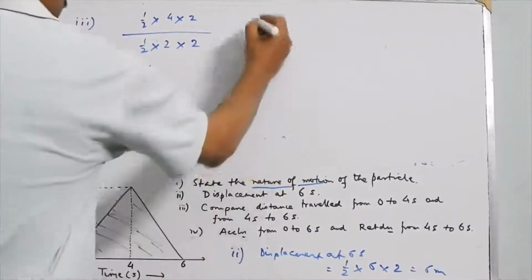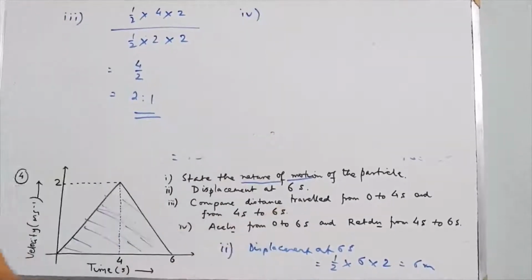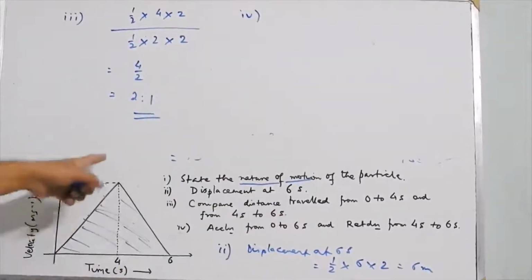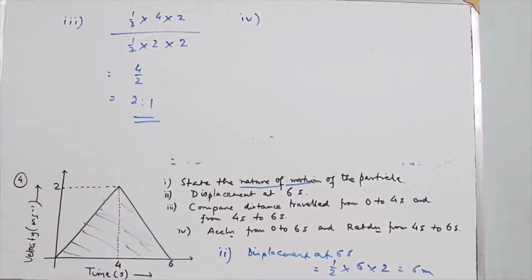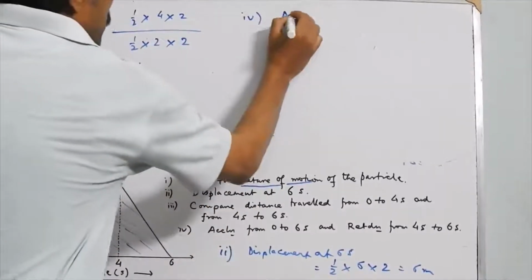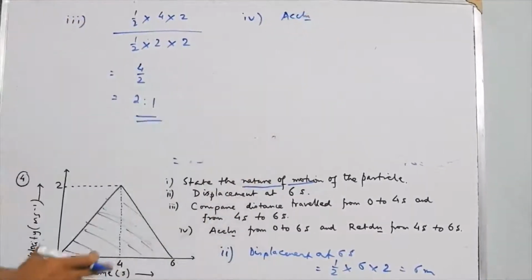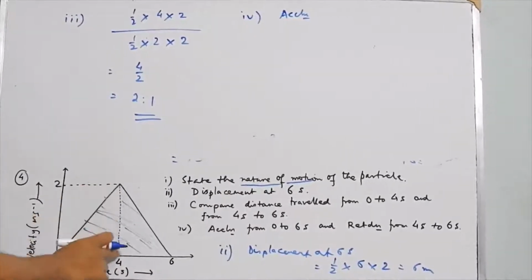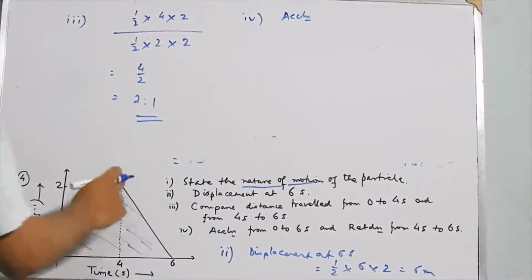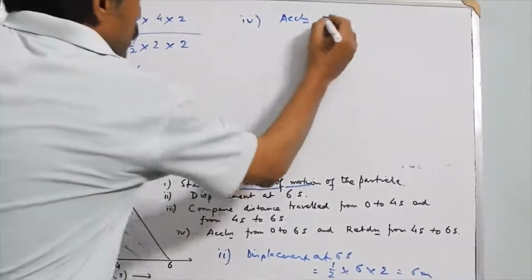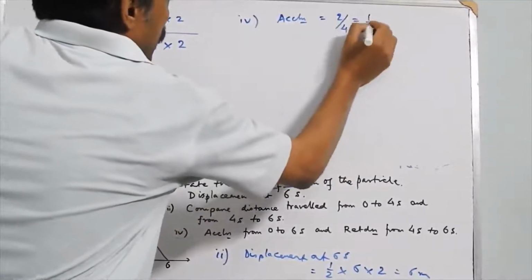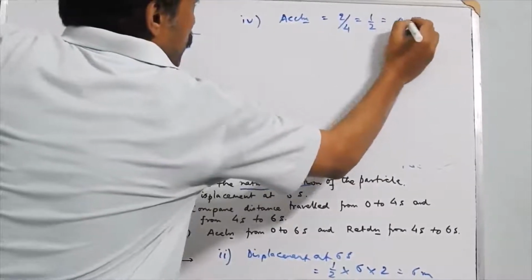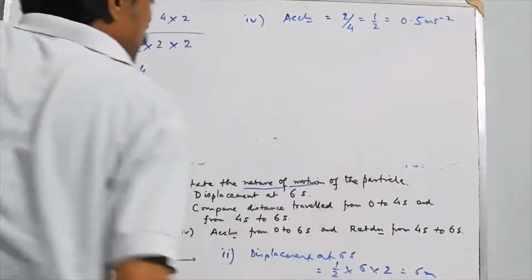Now the acceleration in the first part of the journey, from 0 to 4 seconds. We know that the slope of the velocity time graph is the acceleration. So the acceleration in the interval 0 to 4 seconds is the slope of the graph, that is height by base of this right angle triangle. So this is 2 divided by 4, that is half, that is 0.5 meter per second square.